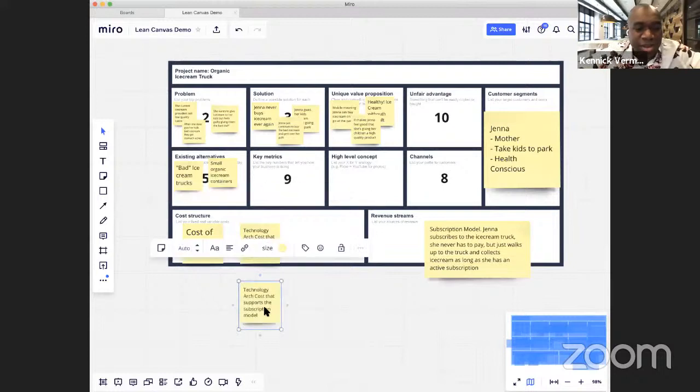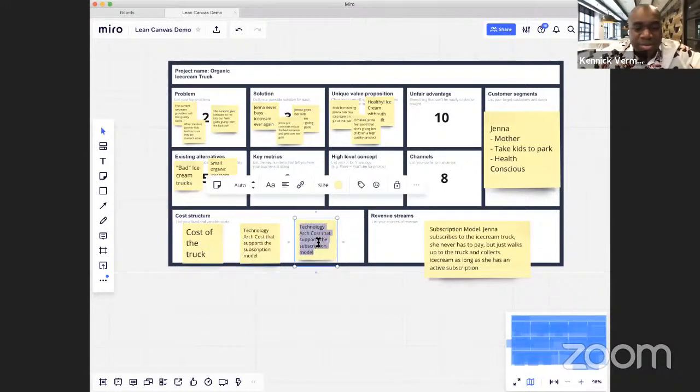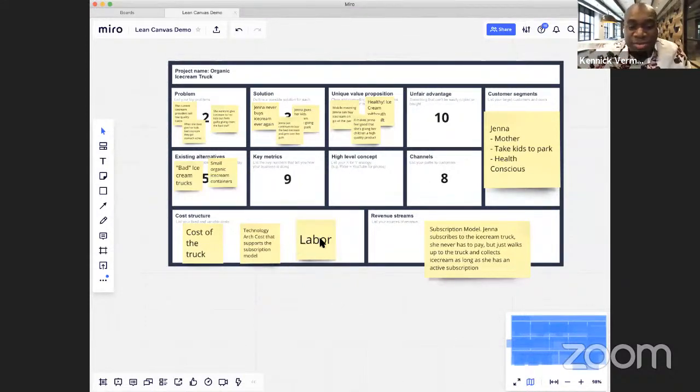And you also have labor, which could be your labor or somebody that you hire to actually drive the organic ice cream truck.